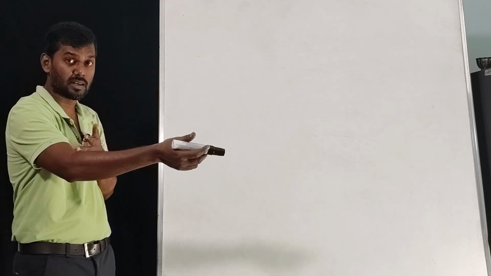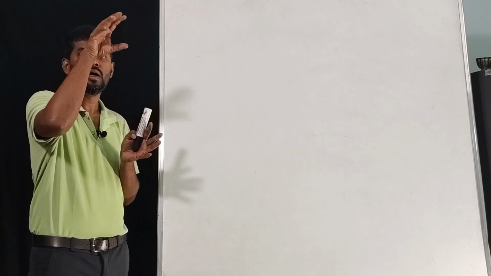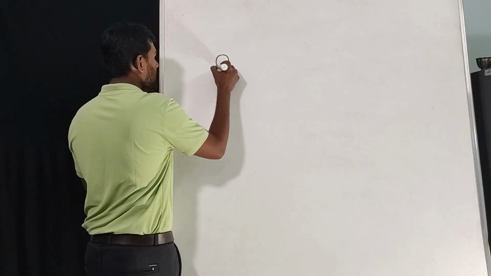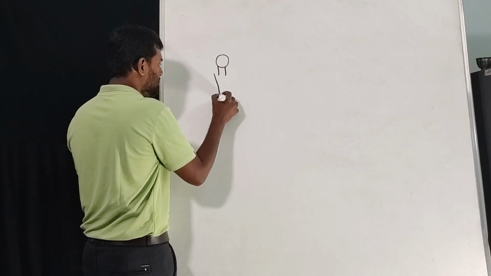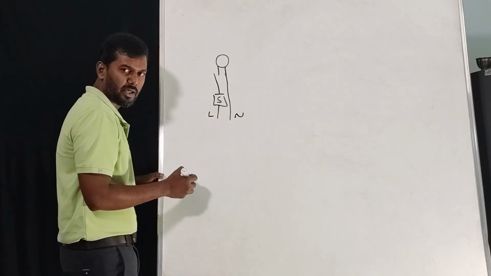See, in all the diagrams we have learned, all the different appliances are connected in parallel, but the fuse and the switch for a particular appliance are connected in series. Listen, assume this is the bulb, there is one switch and a fuse. This is the live wire and neutral wire, correct?